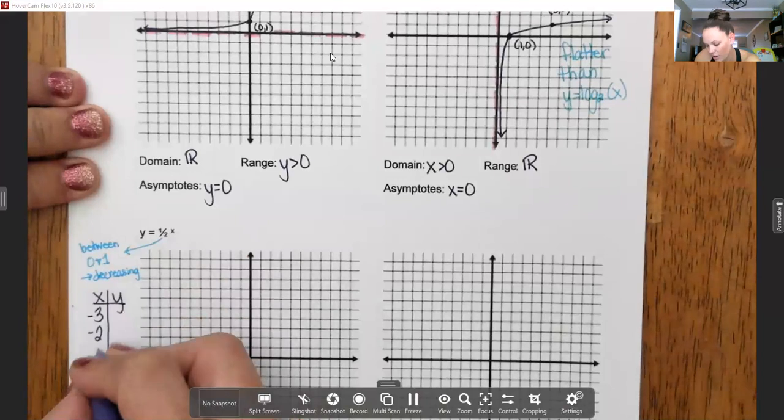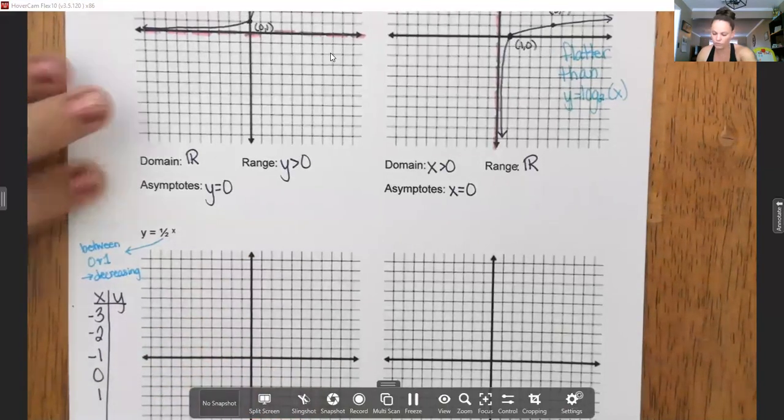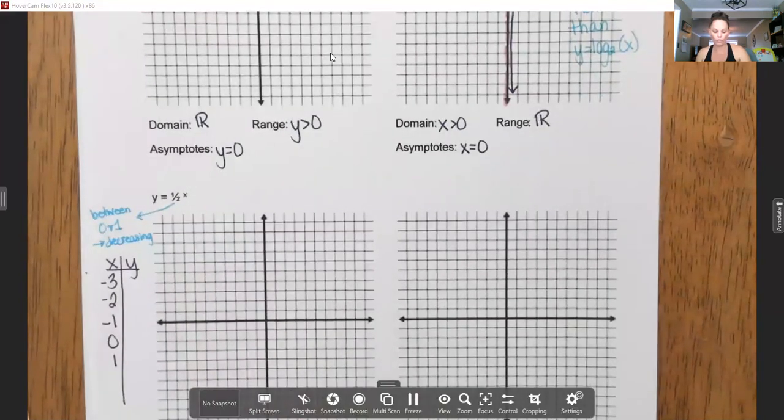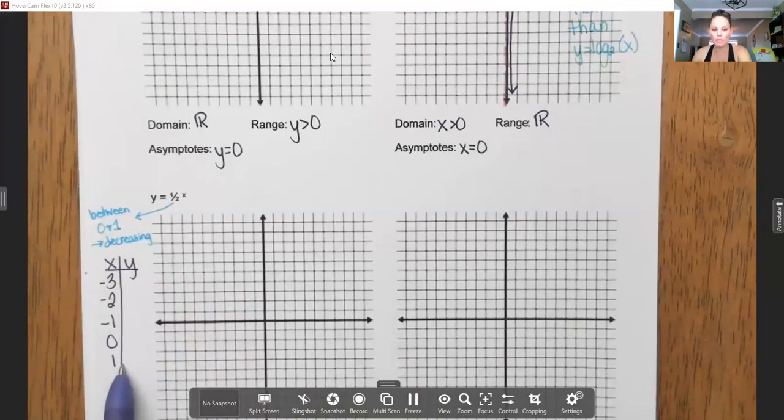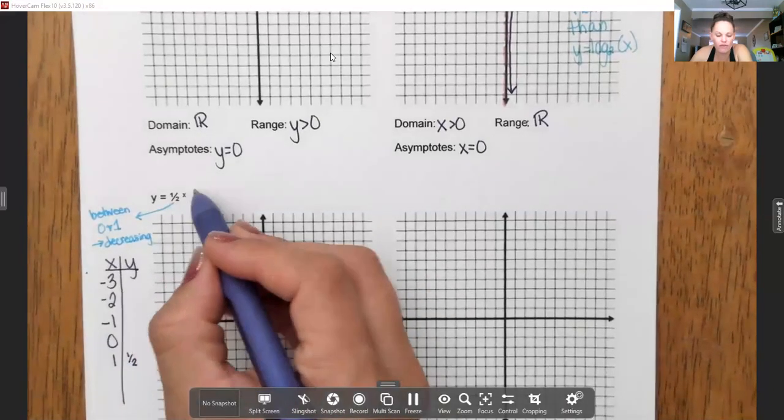I'm going from -3 to +1. And you're welcome to use your calculator here. We know if I plug in +1, I get 1/2. 1/2 to the power of 1.